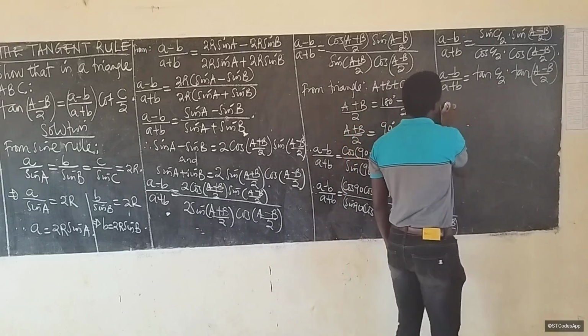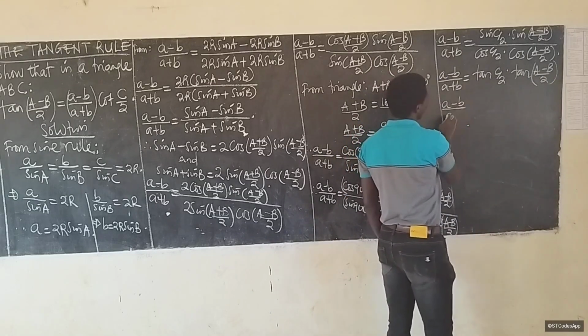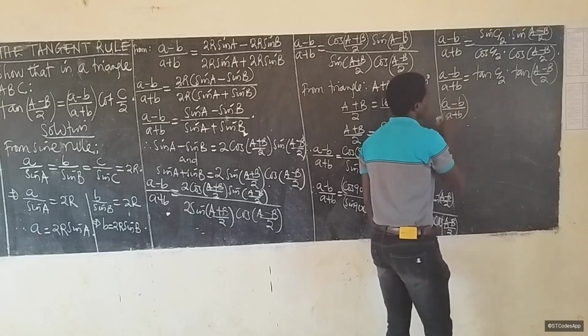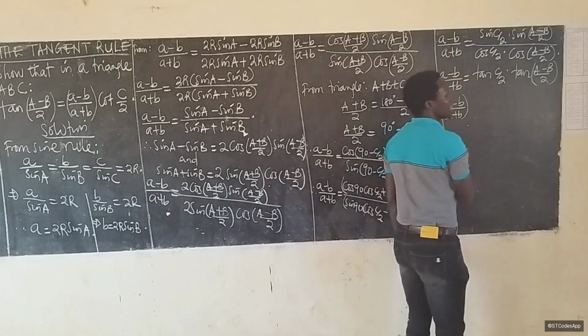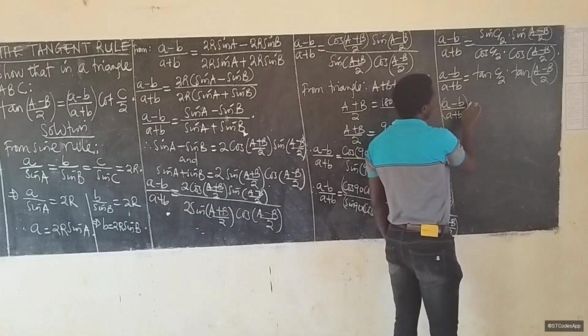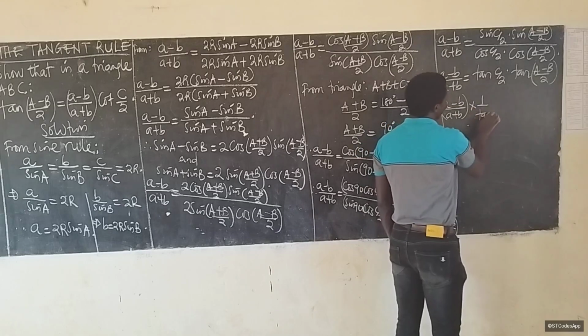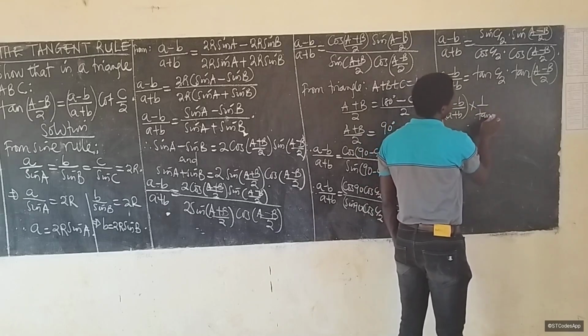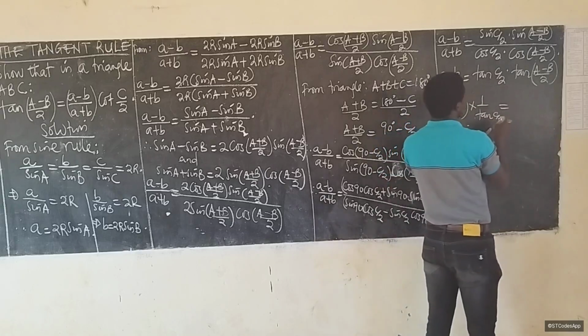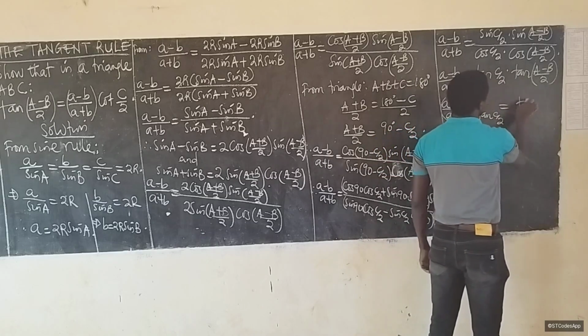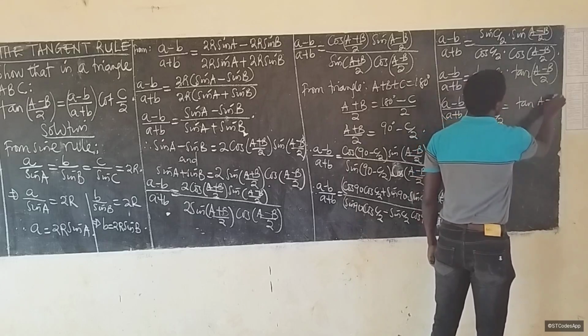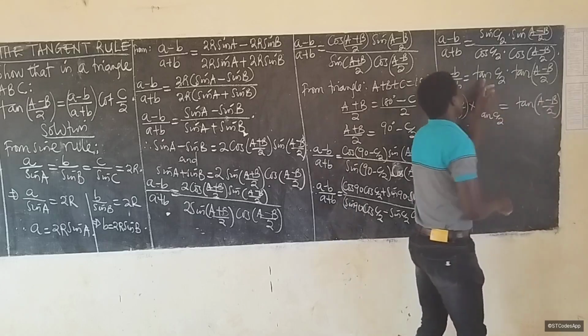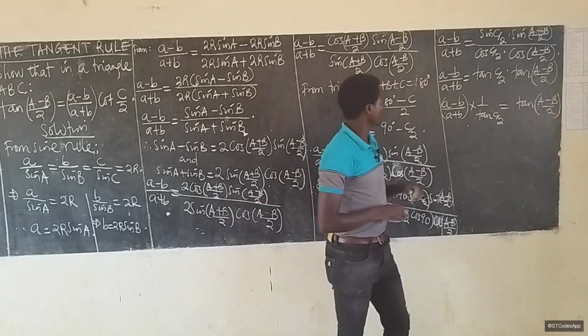So I will have here (A minus B) out of (A plus B), times 1 out of tan C out of 2, which will give me this. Now we'll have tan of (A minus B) out of 2. I've divided both sides by tan of C out of 2.